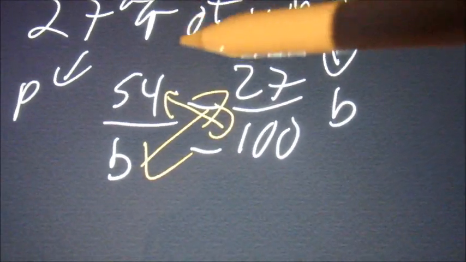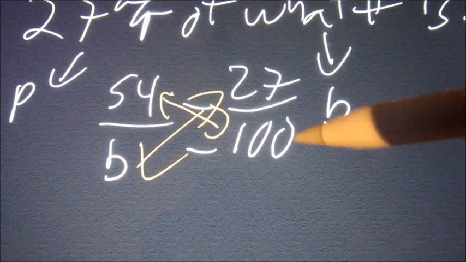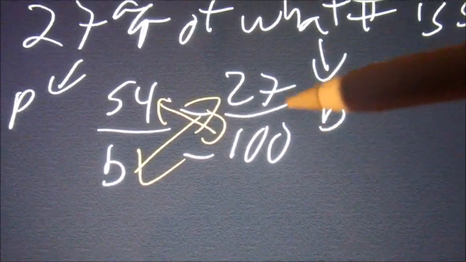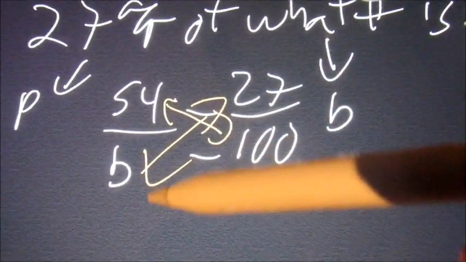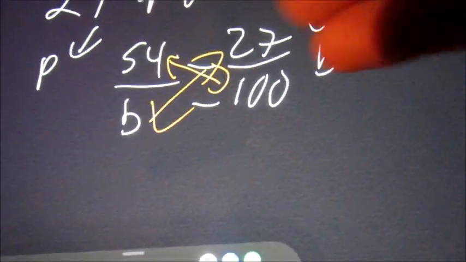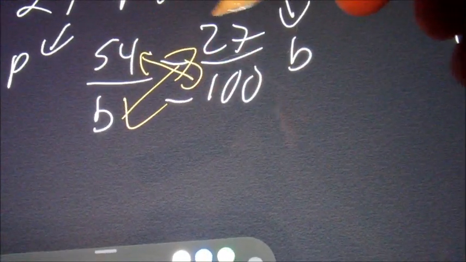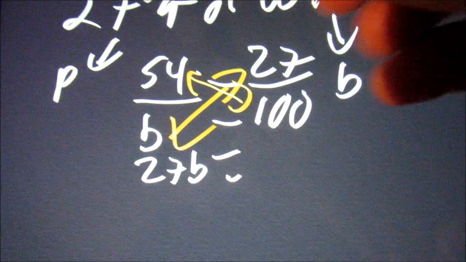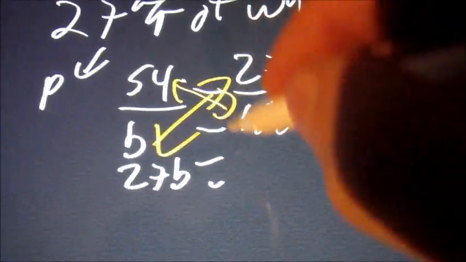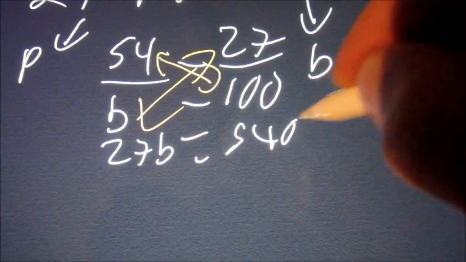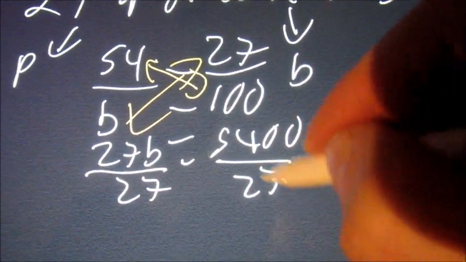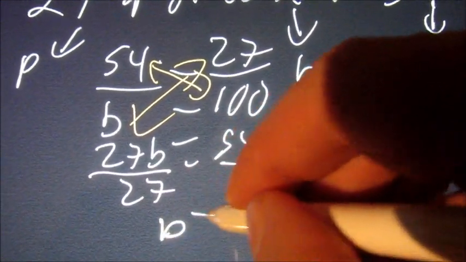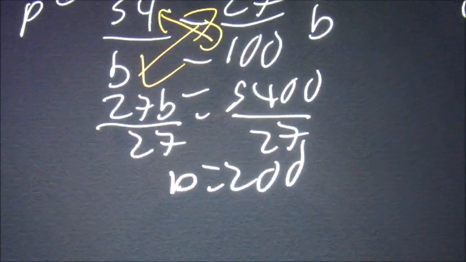We're going to multiply the first numerator times the second denominator and say equals the second numerator times the first denominator. So here we're going to have 27 times b, which is 27b, equals 54 times 100, which is 5400. Divide both sides by 27, and we're going to get that b equals 200.